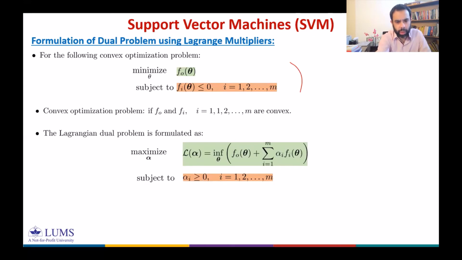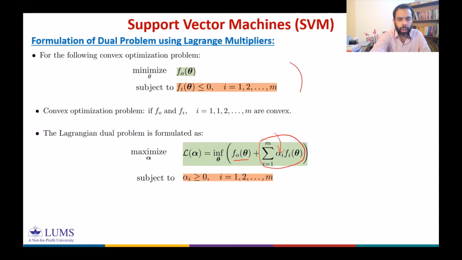Inside these parentheses, we have f naught, the objective function of the primal problem, plus a weighted sum of inequality constraint functions. For the ith inequality constraint function, I have associated this alpha i, which is called a Lagrange multiplier.